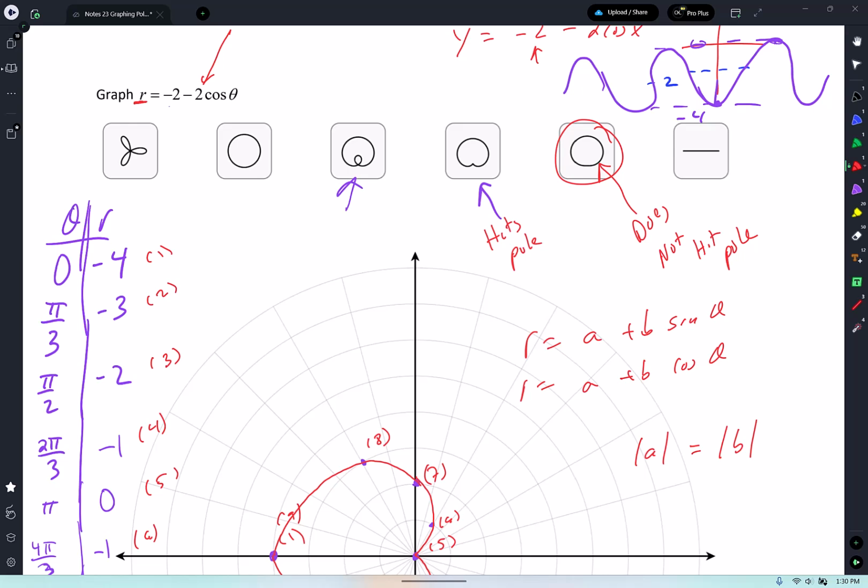I think we just say if A equals B. But it doesn't have to be A equals B. It could also be opposite signs. Because what if I have R equals negative 2 plus 2 cosine theta? That's the A and that's the B. I think absolute value is probably best, right? If the absolute value of A equals the absolute value of B, you will have a cardioid that hits the pole. Cool?